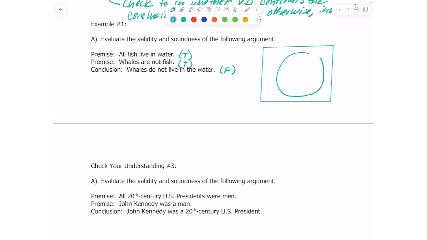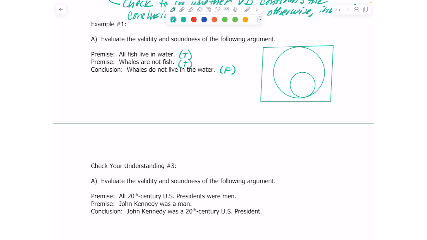There we go. And then I'm going to have a smaller circle inside. Now what is the purpose? Well, think of the smaller circle as the subset of the larger circle.